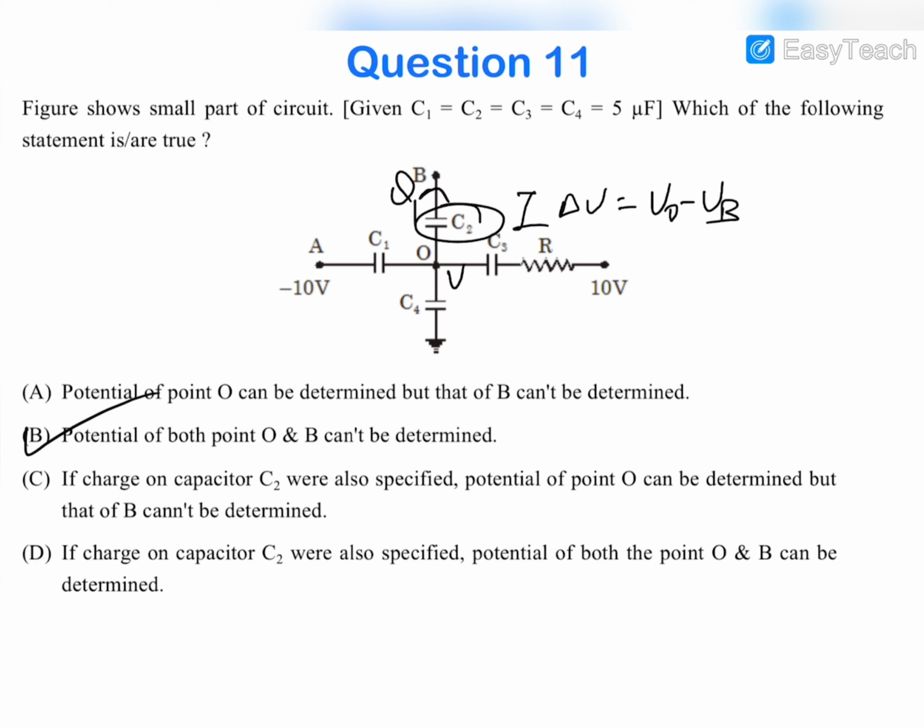Let us suppose that this is Q, and we have assumed the potential of O as VO.